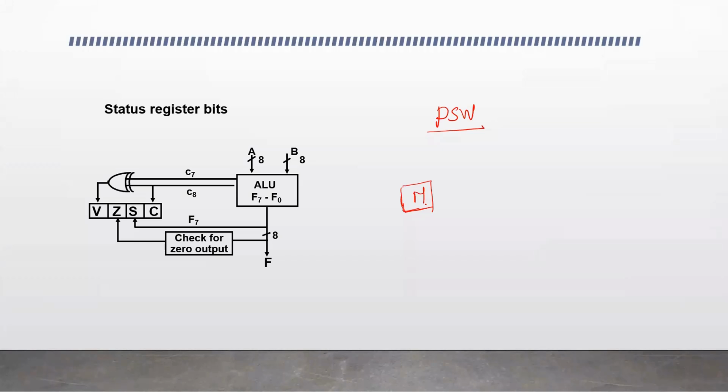And we also have other status conditions that show if the interrupts that are given as a request during execution of normal instructions are allowed or not. So the PSW, program status word, is a group of bits that include all these status bits. All these status bits together form the program status word, and that shows the condition of the CPU, or the status of the CPU.